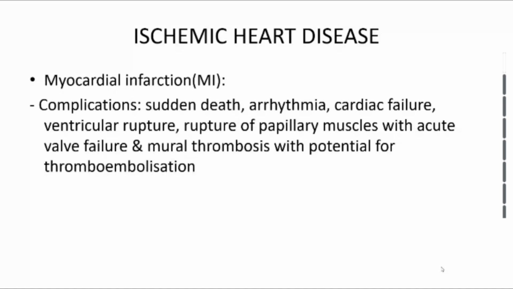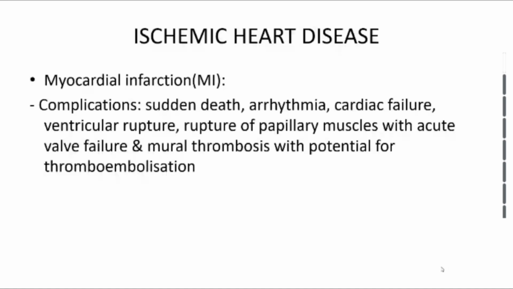You can have mural thrombosis with potential for thromboembolism. Basically, when you talk of mural, that is forming within the tunica intima, that is the endocardium. Because the muscles are affected, there'll be some inflammation there, so you'll have a thrombus forming. And that thrombus can easily embolize, that is, can detach and be taken away.